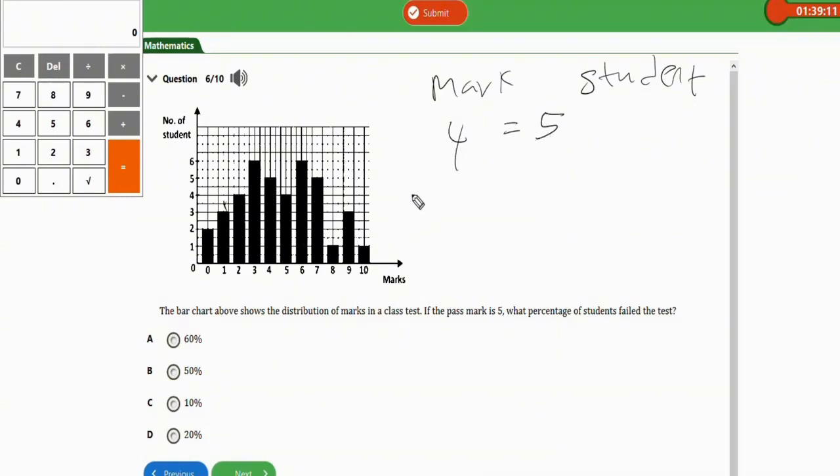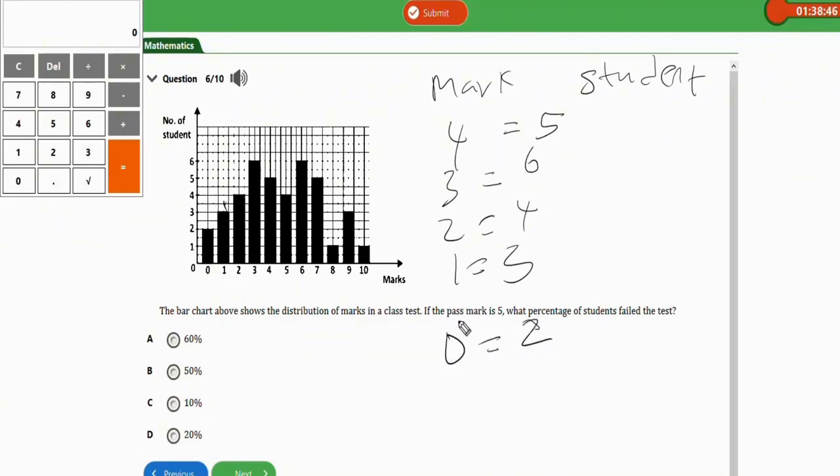Then we check mark 3, we have the number of students to be 6. Then mark 2, we have the number of students to be 4. We have mark 1, the number of students to be 3. We also have mark 0, the number of students to be 2.